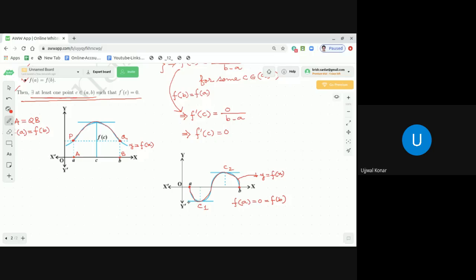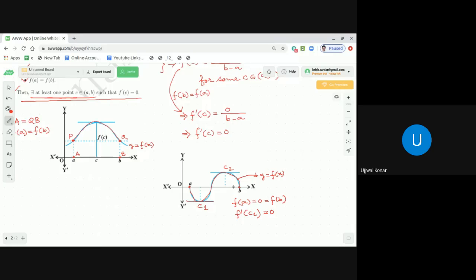And we see that the tangent is parallel to the x-axis. When a straight line is parallel to the x-axis, its slope is 0. Correct? That is true. So we can say that f dash C1 is equal to 0.